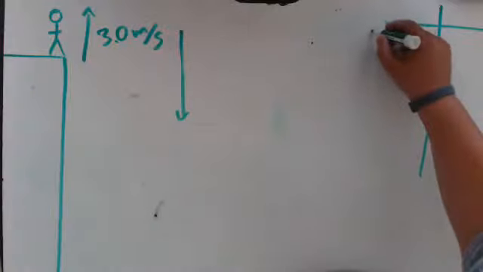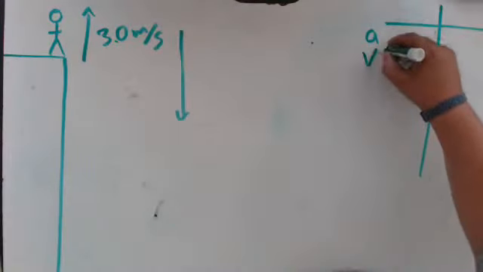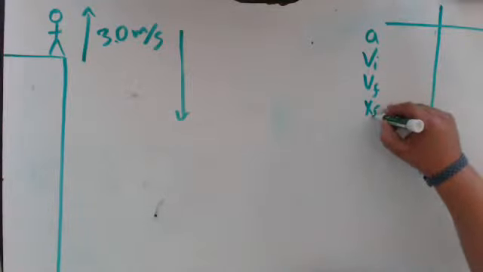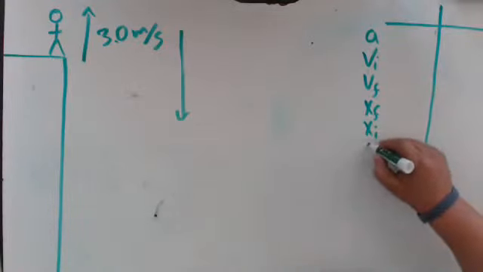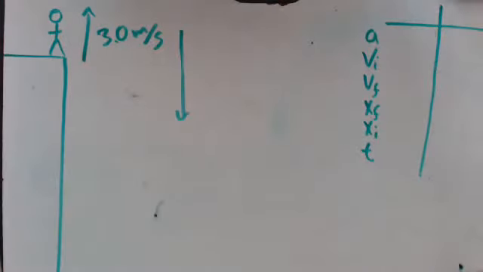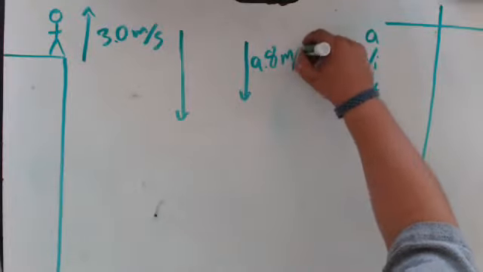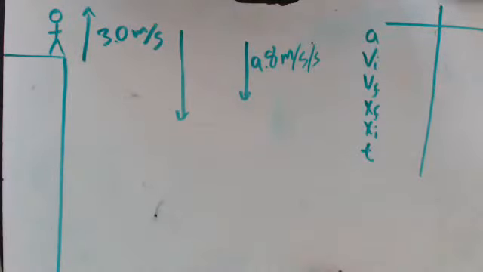One of them has acceleration, velocity initial, velocity final, position final, position initial, and the all-important time. Now, because this problem is a simple free fall problem, which means it's on the surface of the Earth, the acceleration in every section of this is always going to be down at 9.8 meters per second squared.